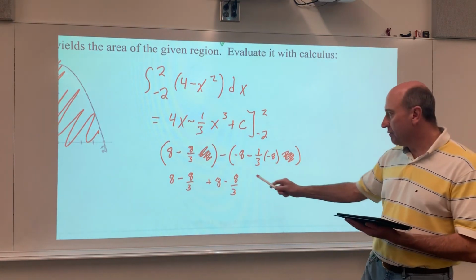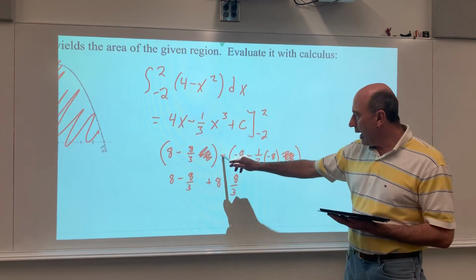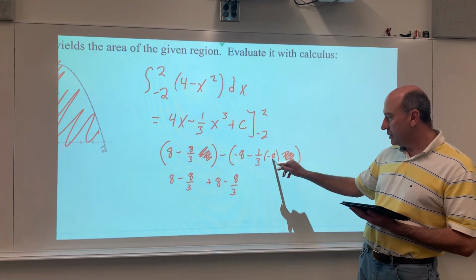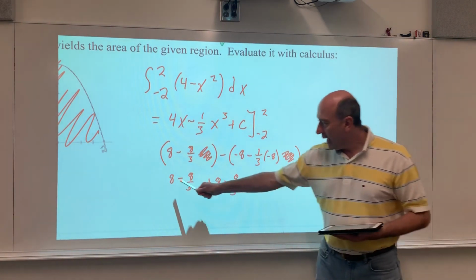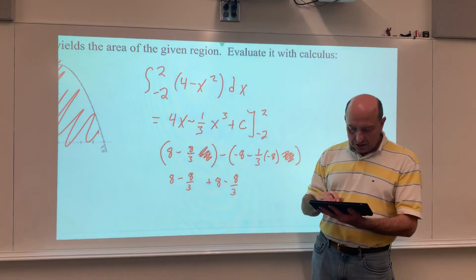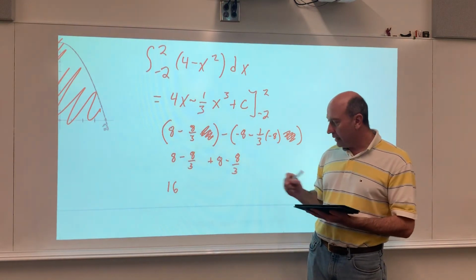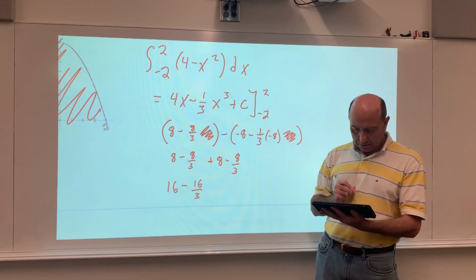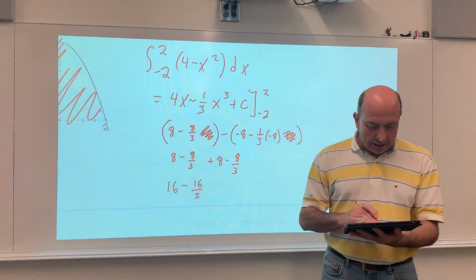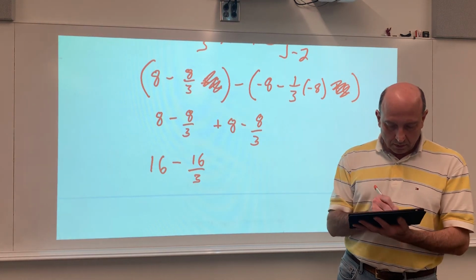So now I think I've distributed correctly. Minus a negative is positive, minus a negative is positive, but times this negative is negative. So I think I'm okay. 8 plus 8 is 16. And -8/3 minus 8/3 is -16/3.